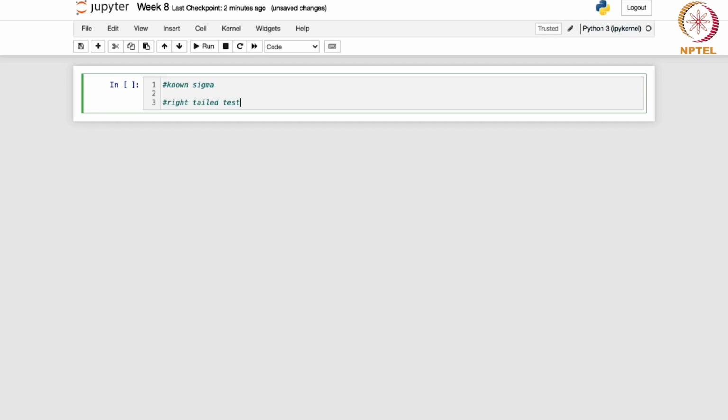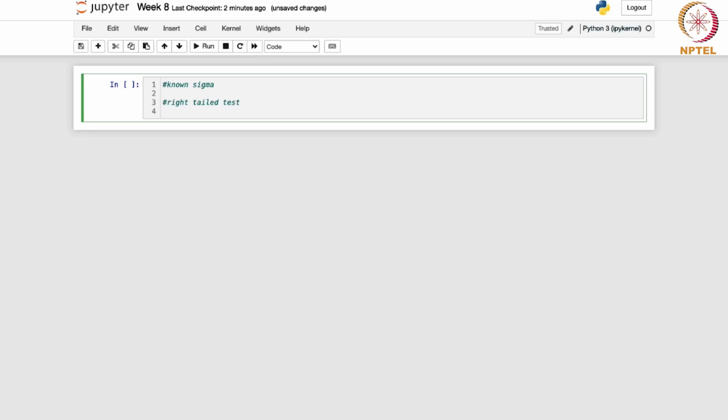The null hypothesis in that case, let me just comment it, H naught would be that mu is less than or equal to 40, versus your alternative that mu is greater than 40.